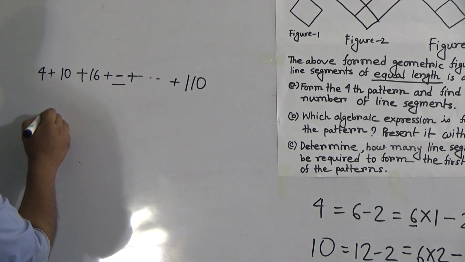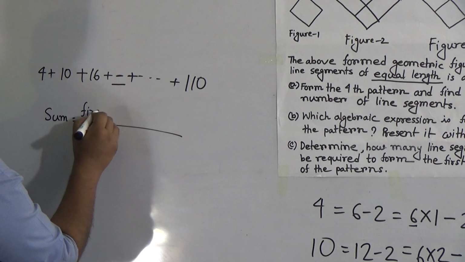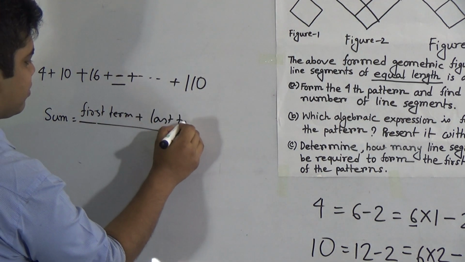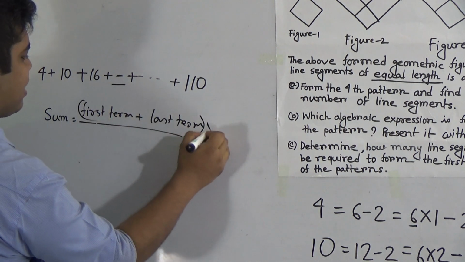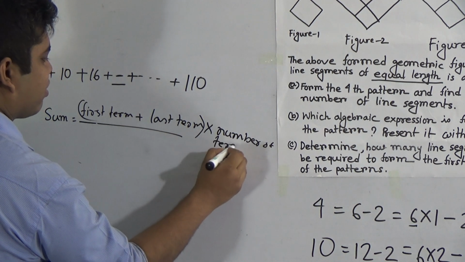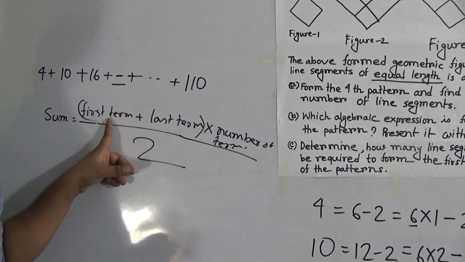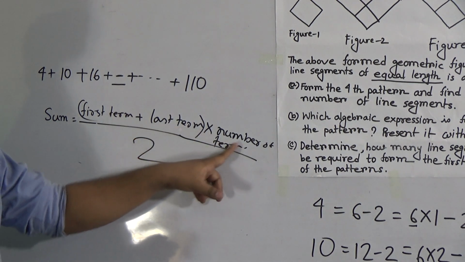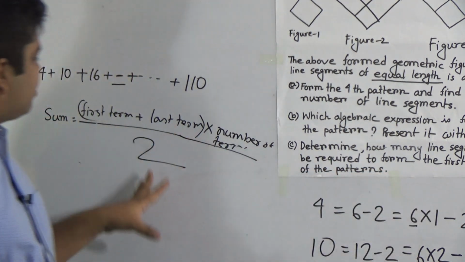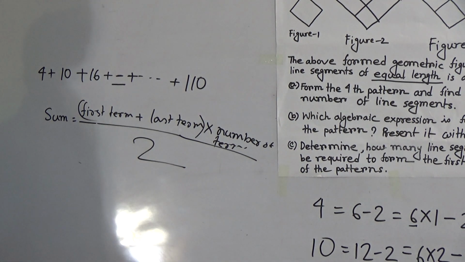We already know the formula: sum equals first term plus last term, multiplied by number of terms, divided by 2. Put the value of the first term, put the value of the last term, and the number of terms is 20, which is given. So we put the values, and by calculating we get the answer. I hope you have understood.